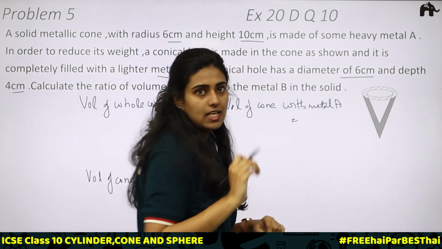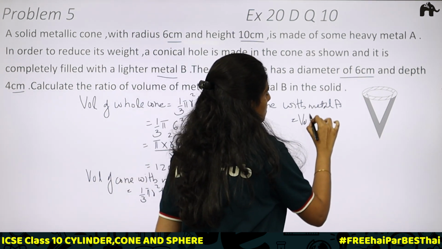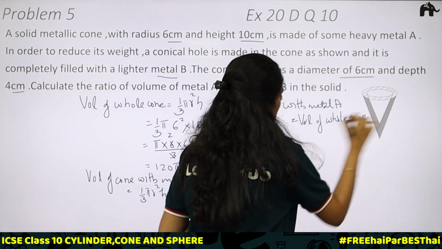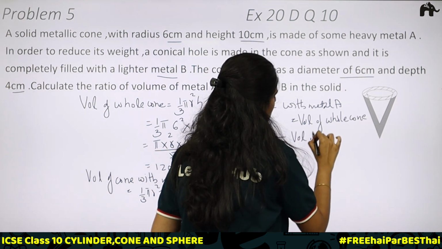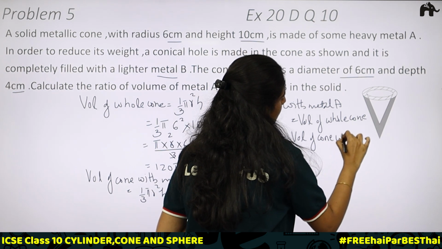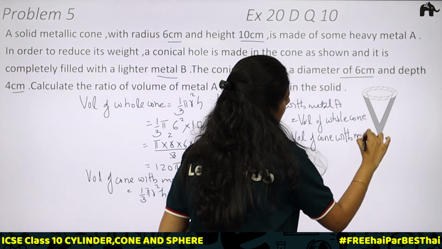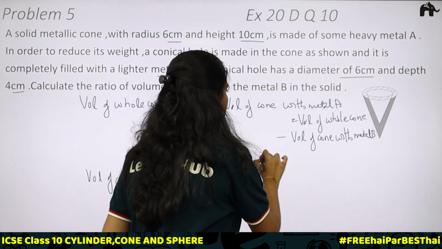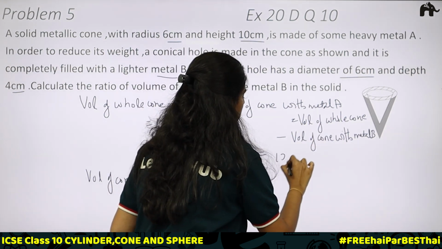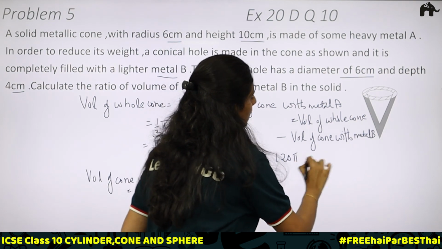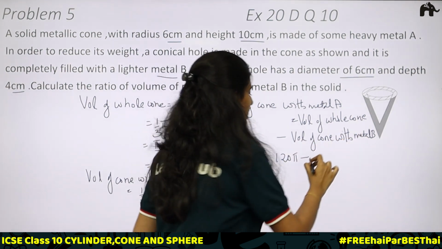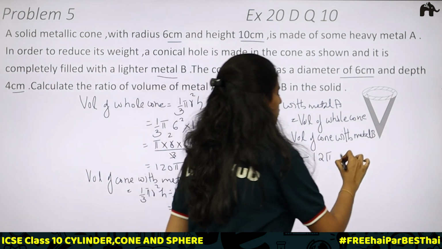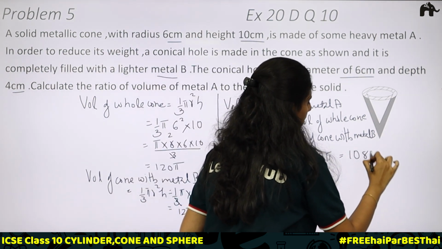Volume of cone with metal A is equal to volume of whole cone minus volume of cone with metal B. Put the values. Volume of whole cone is 120 pi minus volume of cone with metal B, that is 12 pi. 120 pi minus 12 pi, you will be getting 108 pi.